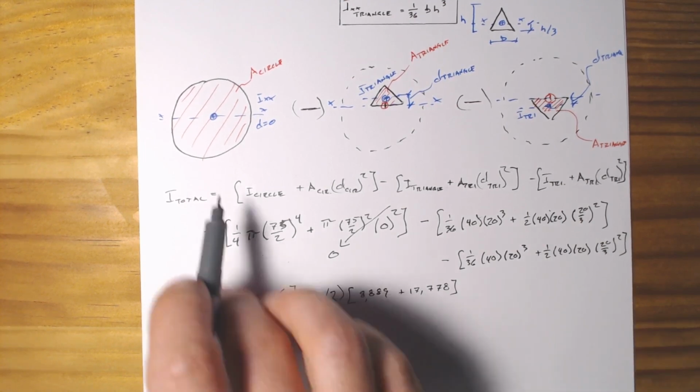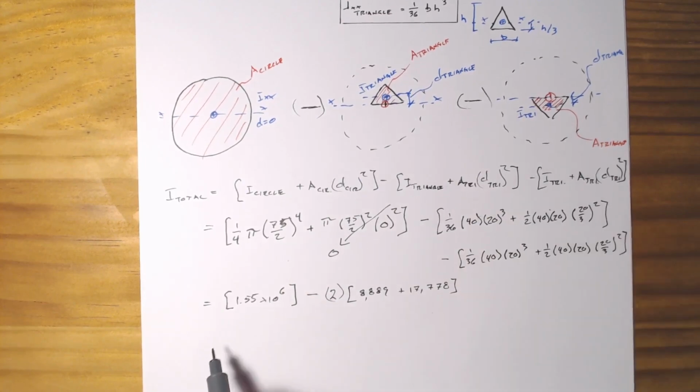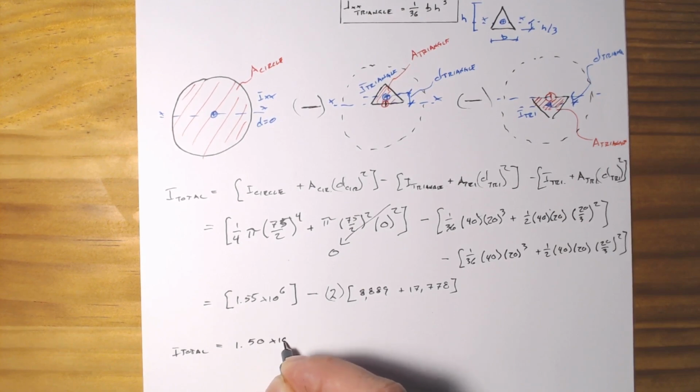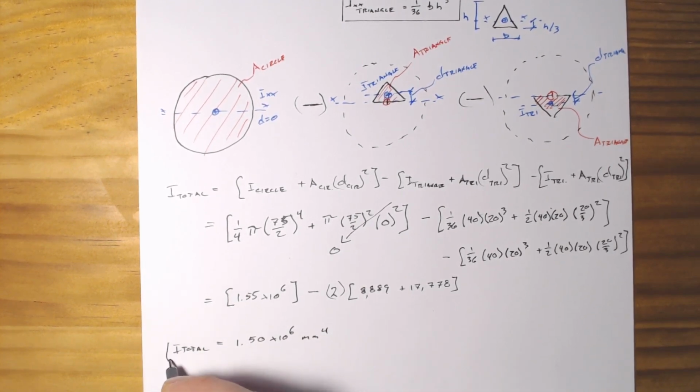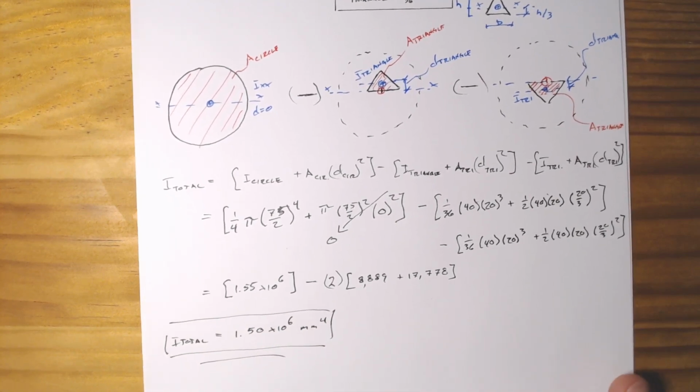We crunch the numbers and we subtract out the circle minus 2 of the triangles here. I total equals 1.50 times 10 to the 6th millimeters to the 4th. So that's all it is.